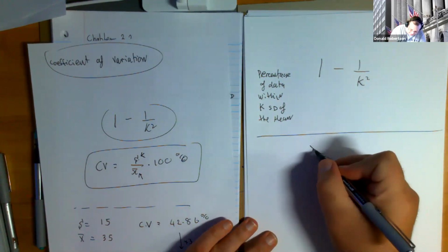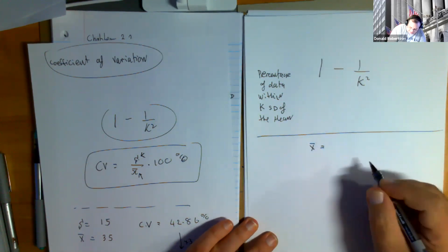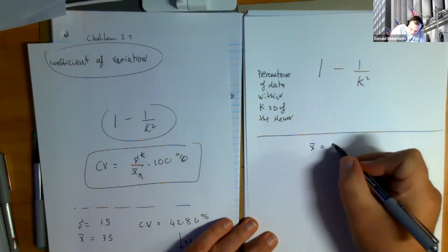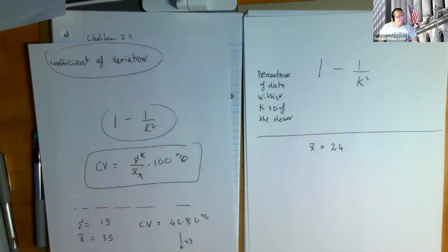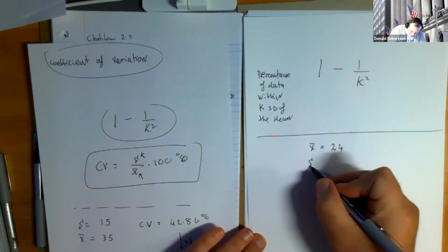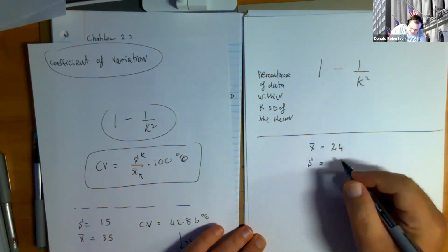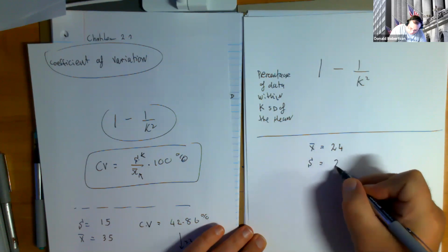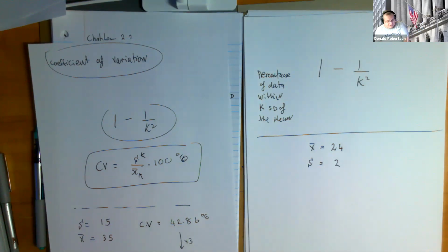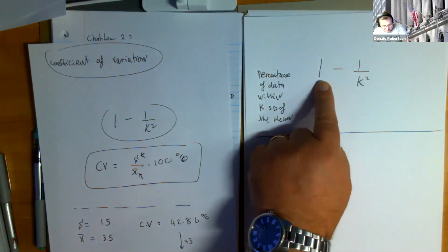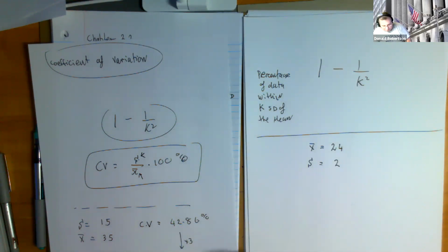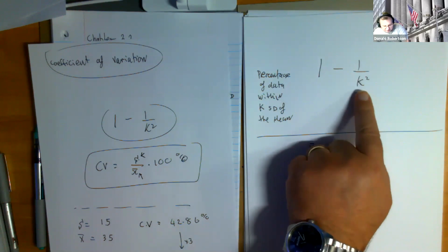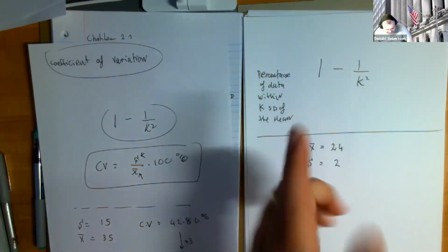So let's suppose I collect the ages of OC students, and the mean ends up being 24, and the standard deviation of my sample ends up being 2. The Chebyshev formula will tell me what percentage of the data lies within k standard deviations of the mean.